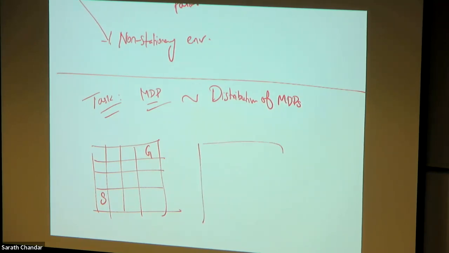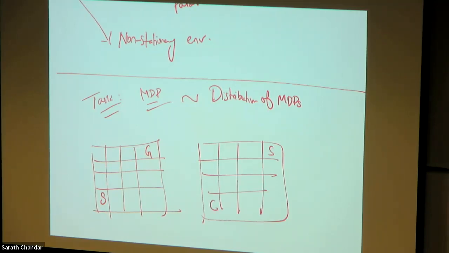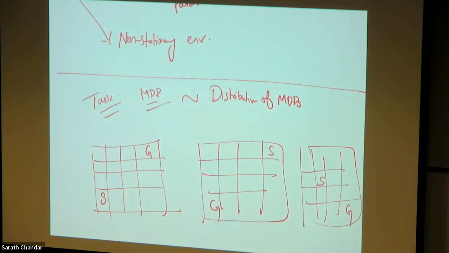And here is another MDP where, let's just say, start is here, goal is here. I could have another MDP where start is here, goal is here. So now I have a distribution of MDPs, each having a different start and goal.